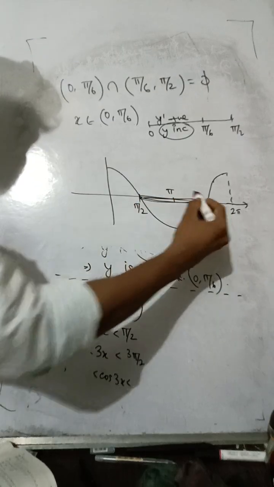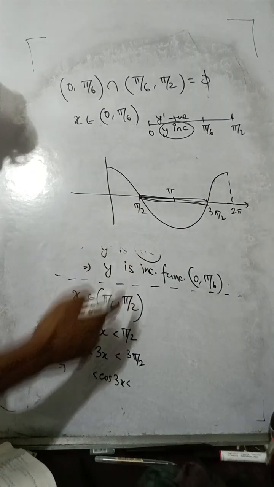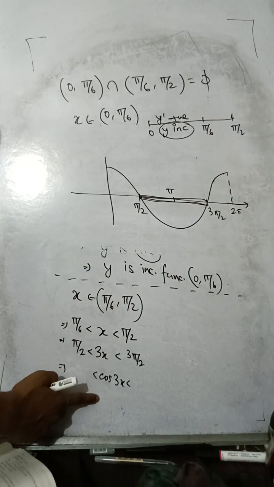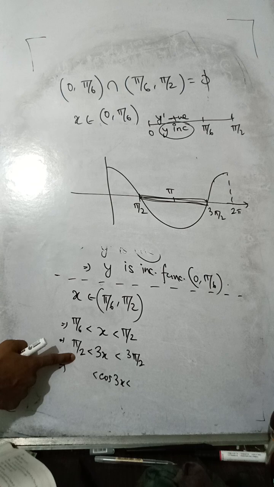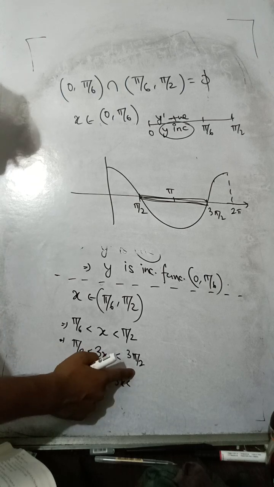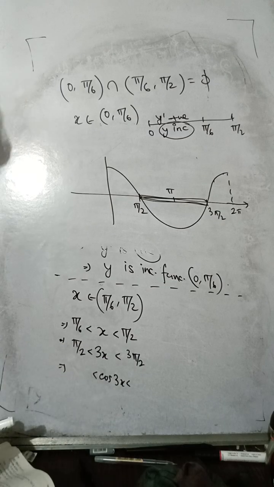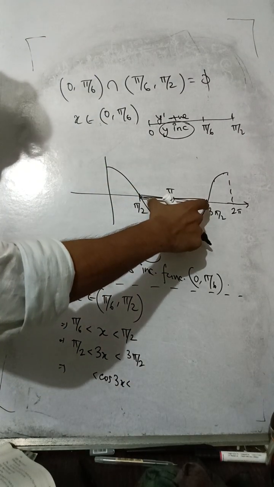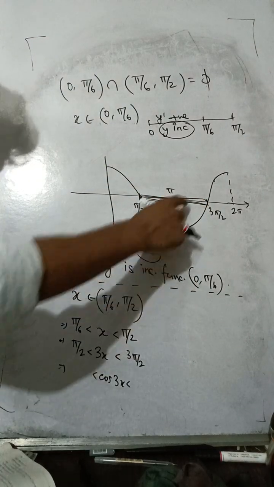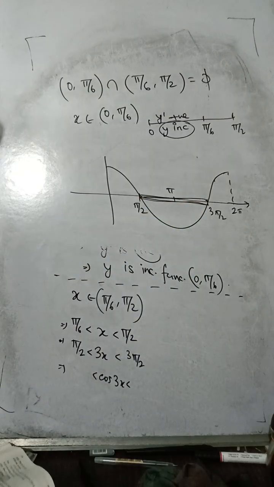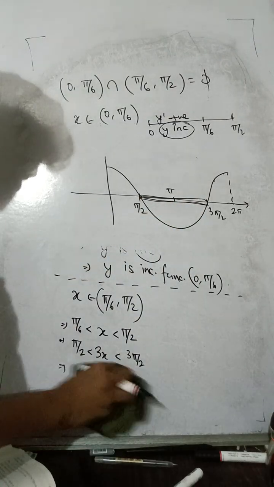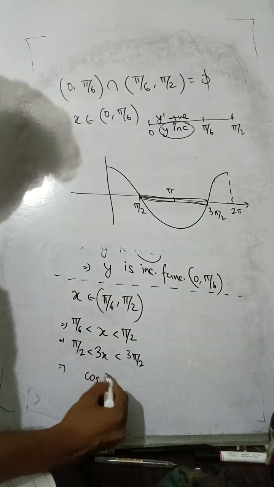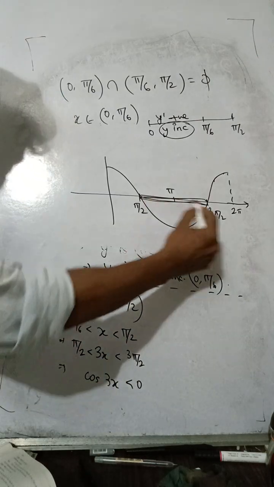Whenever it is pi by 2 it is 0. So look, in this region our cosine 3x will definitely be negative.